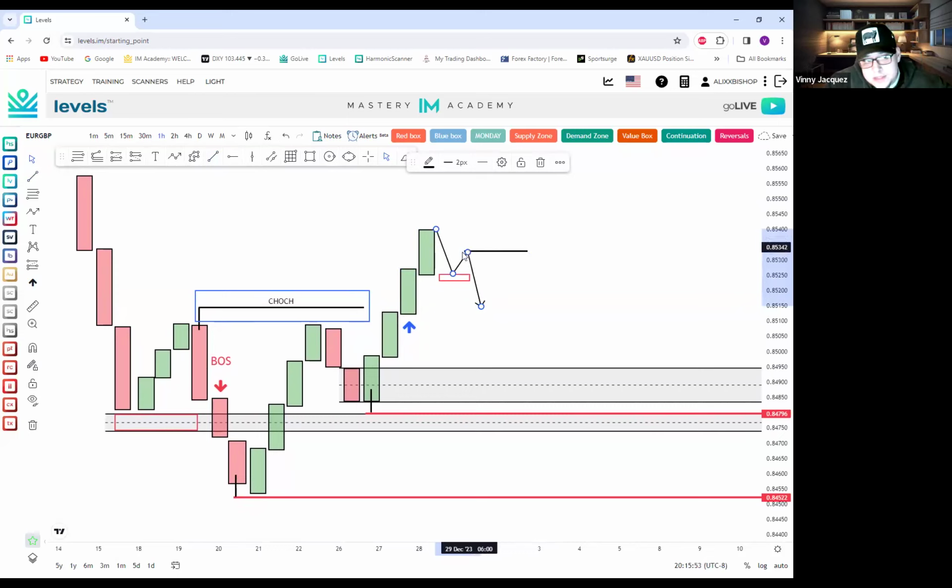So let's go ahead. In this line drawing here, we just broke structure to the downside, right? So this area would have a rally of candles. Does that make sense? So there should be some type of starting point right here, right? So this is just going to continue over and over again.